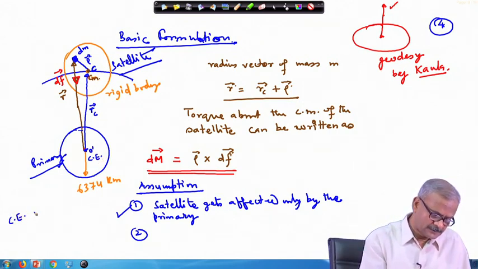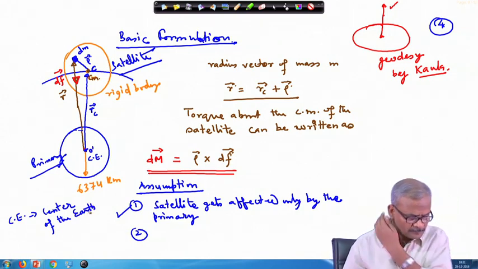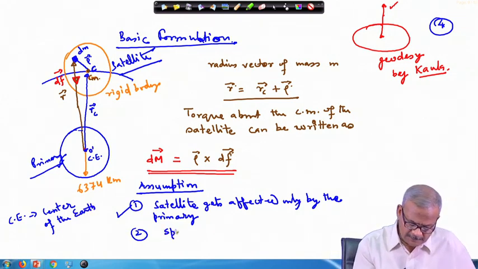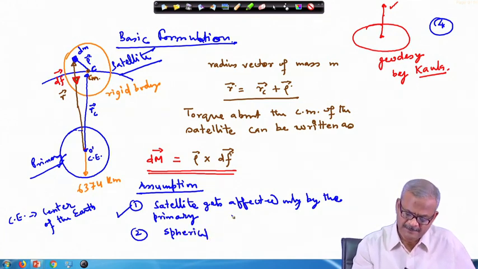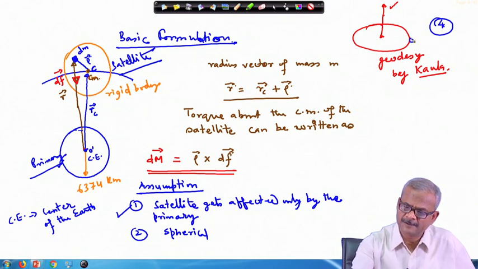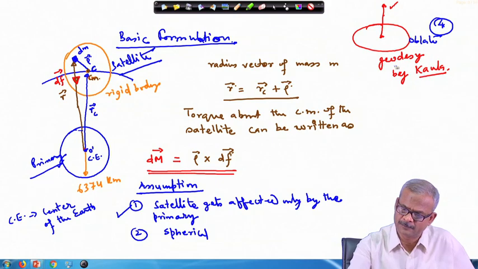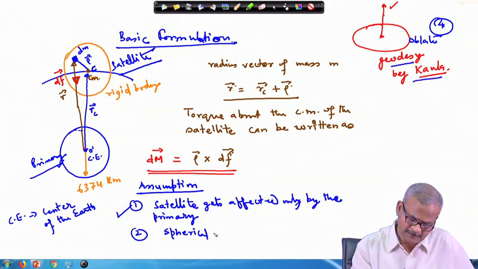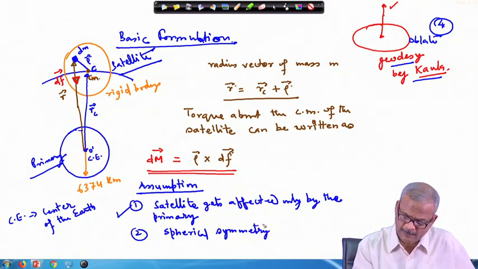C is the center of the Earth. So, here spherical symmetry is present. This is not the oblate case. For the oblate case, you have to look into the book on geodesy by Kaula. So, spherical symmetry and uniform density.